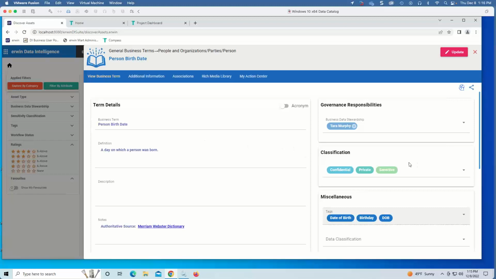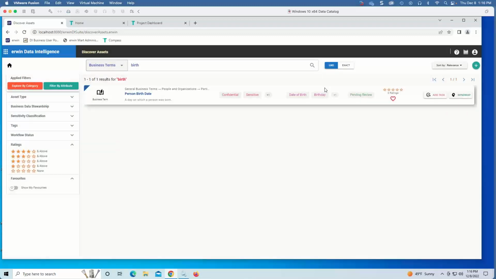You'll also see here that I've got classification structure for security as well as data governance. Remember, I said that within your data governance program, you should have some idea of data stewardship, and you should also know who's going to be responsible and accountable for things within your data catalog.